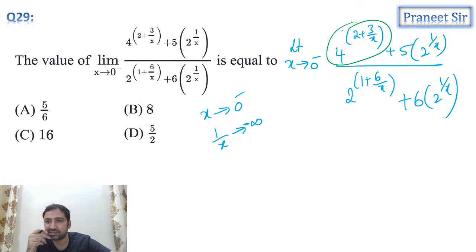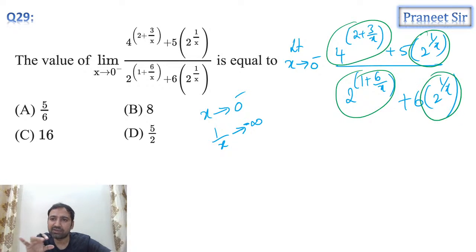4 power minus infinite is 0. Same way, 2 power minus infinite is 0. This is also 0. Everything is 0. We're getting 0 plus 0 by 0 plus 0. Are we getting 0 by 0? Yes, we're getting 0 by 0. So we can apply L'Hospital rule. But before applying L'Hospital rule, can we take the substitution t is equals to 1 by x?